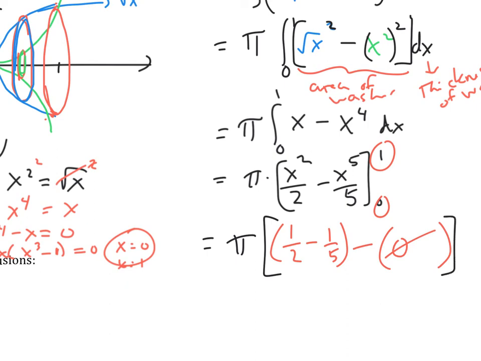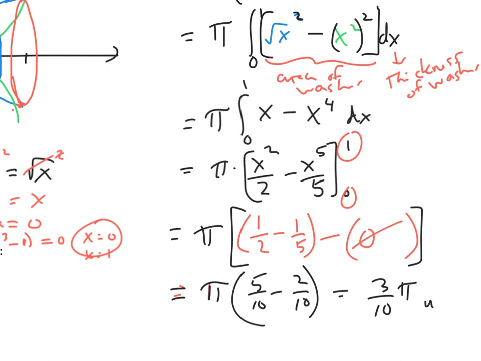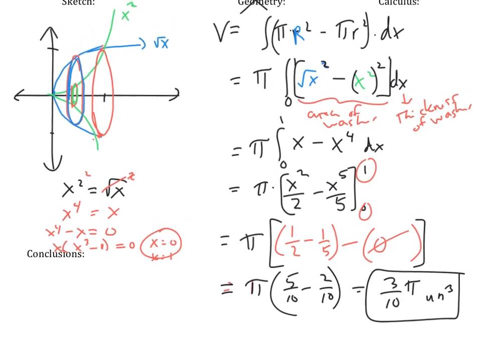So I've got 1/2 minus 1/5, and I should be getting common denominators for that. 10 is going to be my common denominator, so that's 5/10 minus 2/10, giving me 3/10 times pi, or 3 pi over 10 units cubed for my volume of the solid that we created by wrapping that curve around my x-axis.